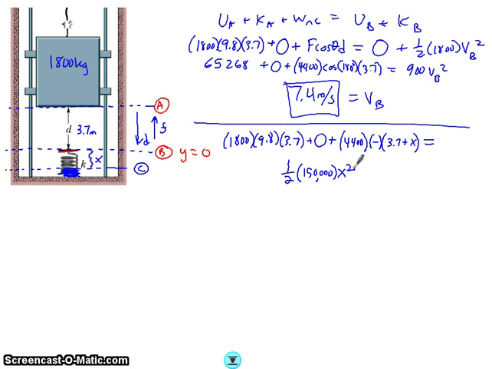However, there is also gravitational potential energy at this location because we are not at y equals 0. So that's m, 1,800, times g, 9.8, and in this case, times negative x. Negative because it's below 0. So those are some tricky little pitfalls you can run into.